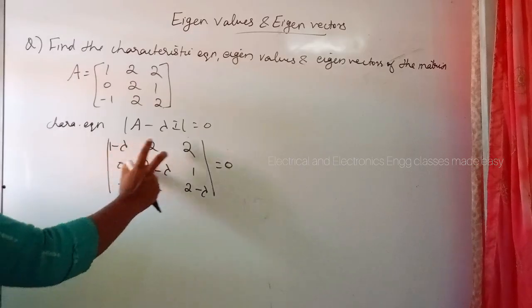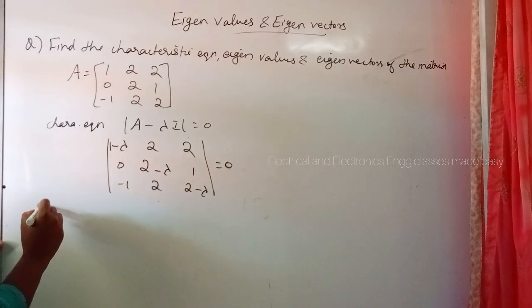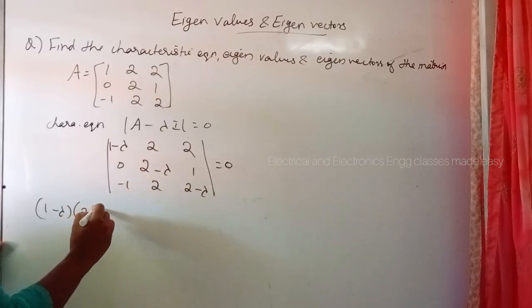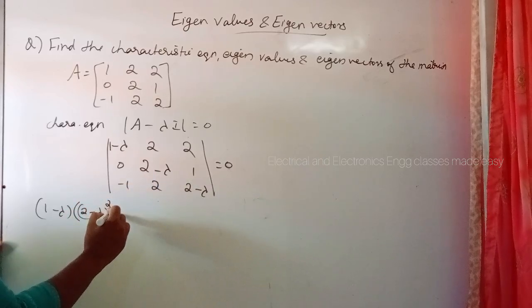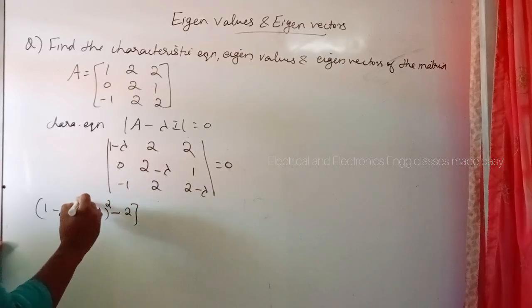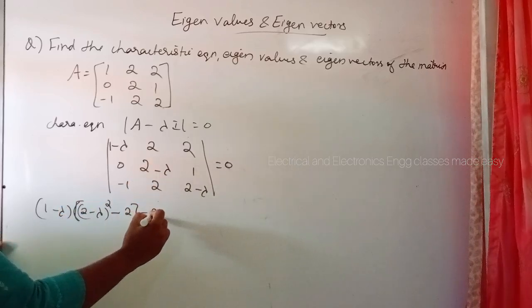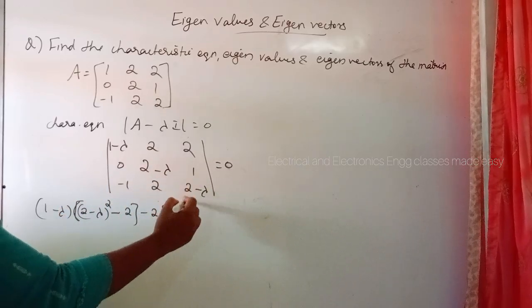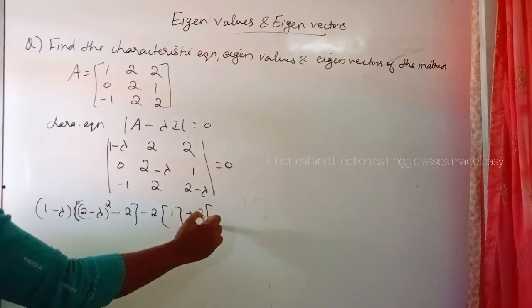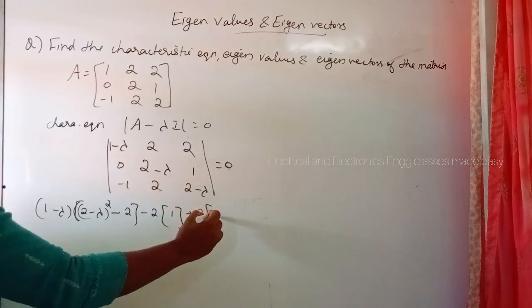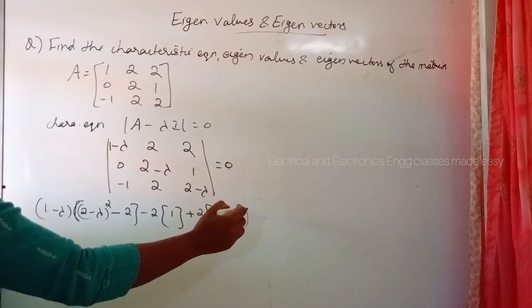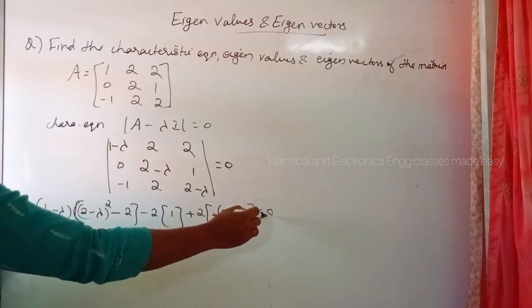Now we can find the determinant of this one, that is 1 minus lambda into (2 minus lambda) the whole square, then minus 2, then minus 2 into 0 plus 1, then plus 2 into 0 plus 1 into 2 minus lambda equal to 0.